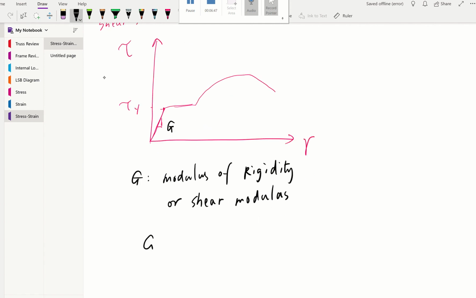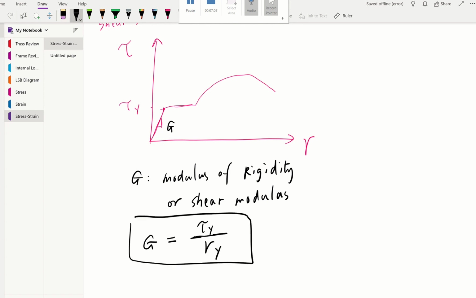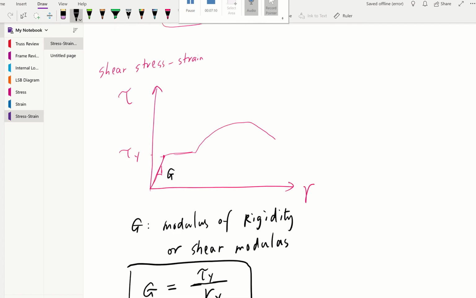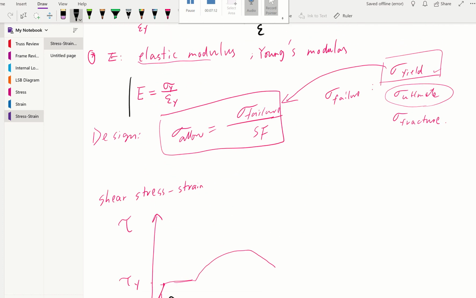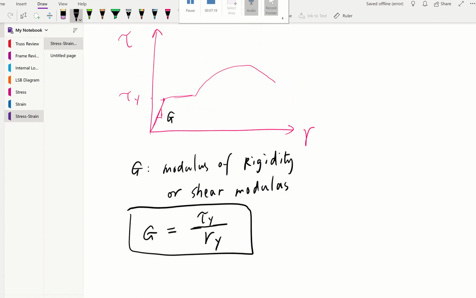The equation for shear modulus G is equal to, since it's a slope, tau yield over, not epsilon, our gamma yield. So that's going to be our shear modulus, to look at together compared to E, Young's modulus or elastic modulus.